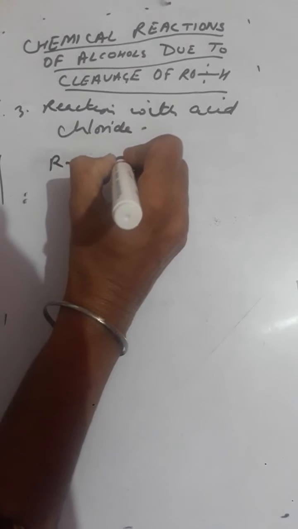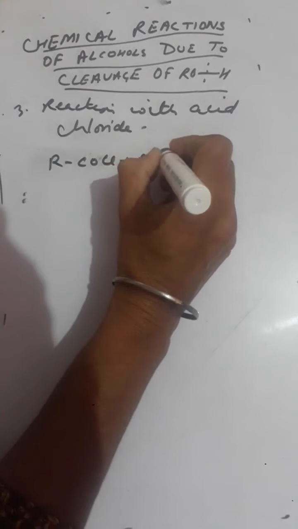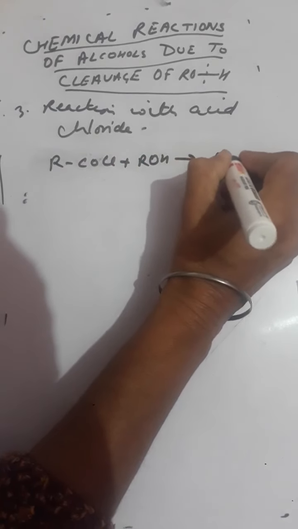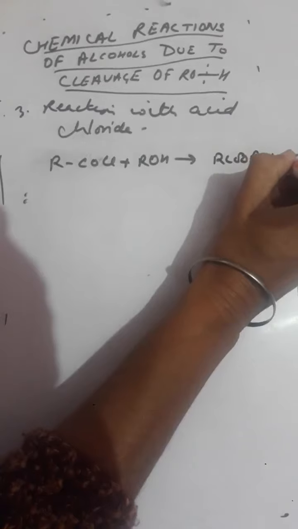RCOCl, when it reacts with the alcohol, will form RCOOR, that is again an ester, with formation of HCl.